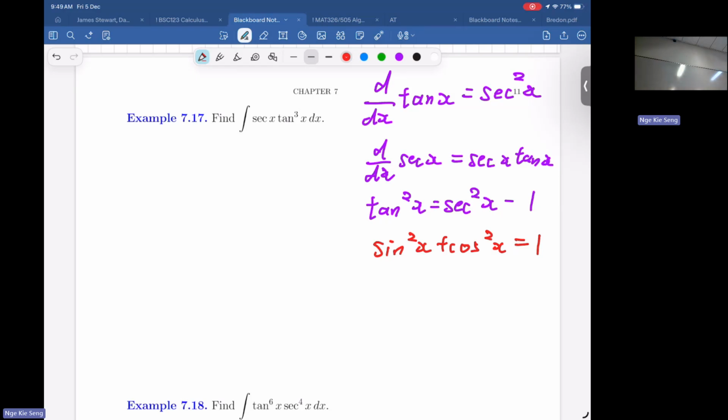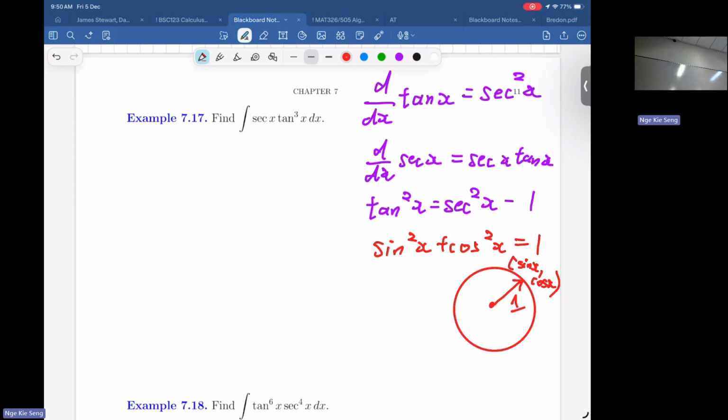Something square plus something square equals 1, so this represents a circle. This point is sine x and cos x. So this master formula actually is a unit circle.